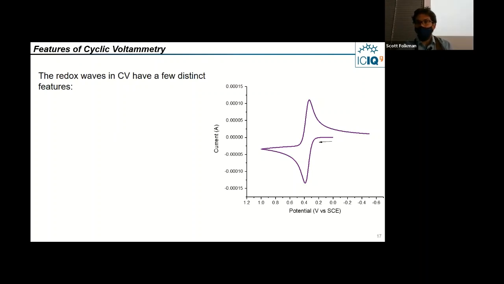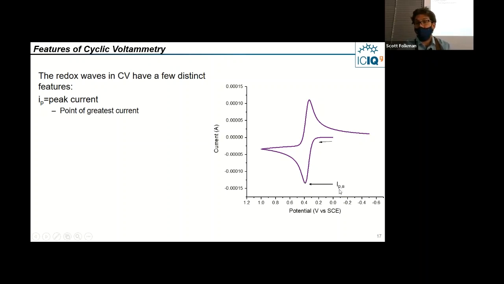So this is our typical CV duck that we see on a nice redox couple, and it has a few distinct features. So one is the peak current, which is the peak current of this wave. In this case, we're scanning to more positive potentials and we're having oxidation. And so that is occurring at the anode.